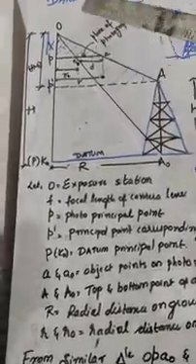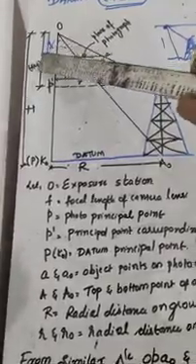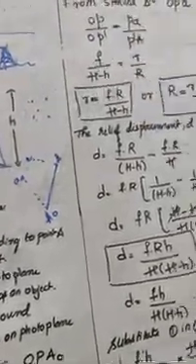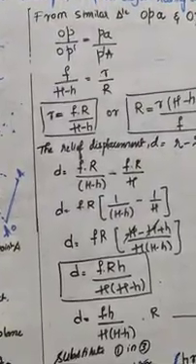But what is this OP dash? It is H minus h. That is what we substituted: OP as f and OP dash as H minus h.